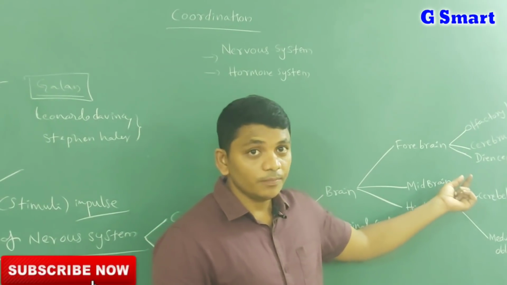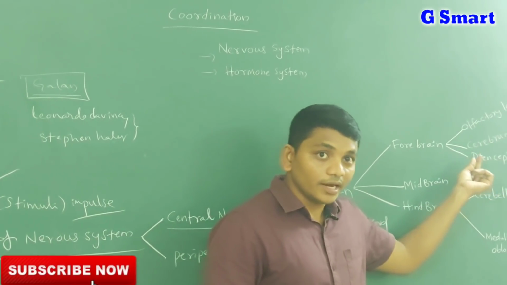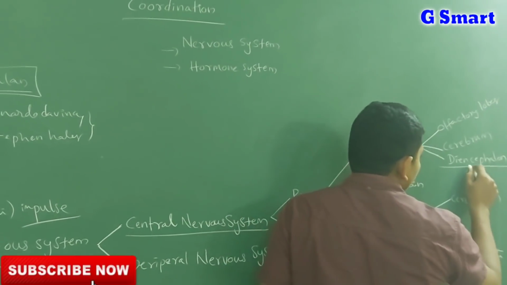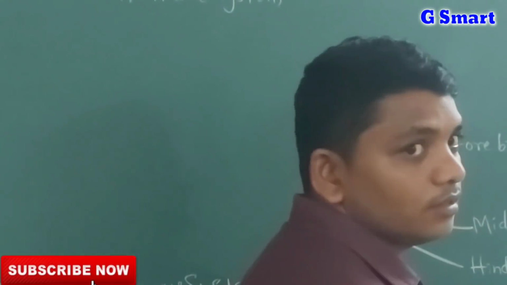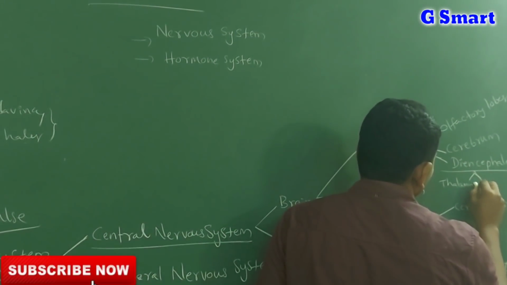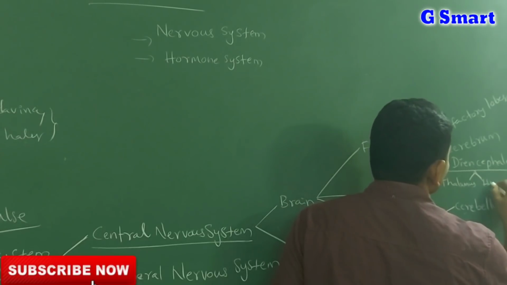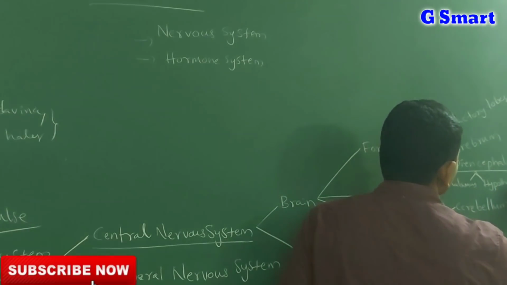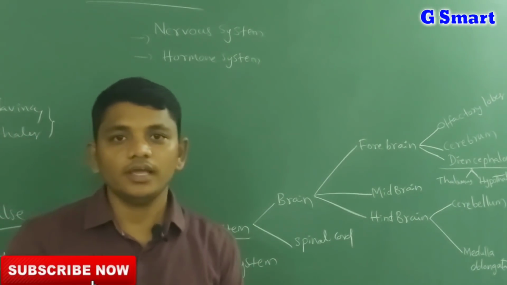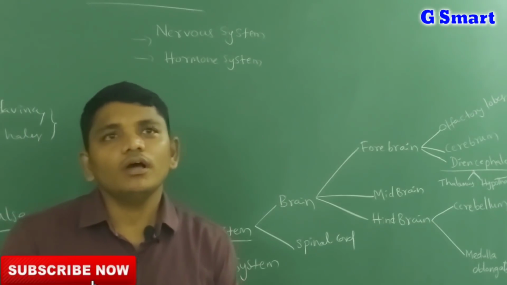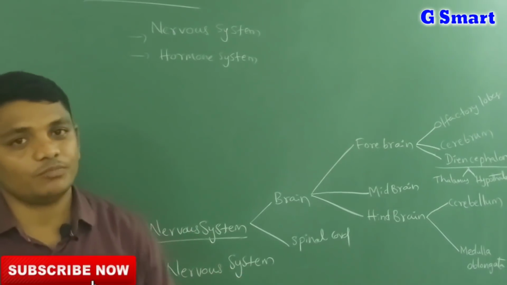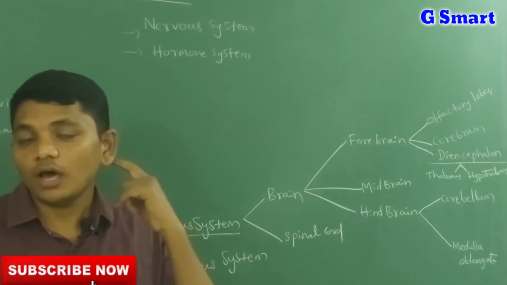Here you have to observe keenly. Diencephalon is again classified into two parts: thalamus and hypothalamus. You know, hypothalamus belongs to the hormone system.